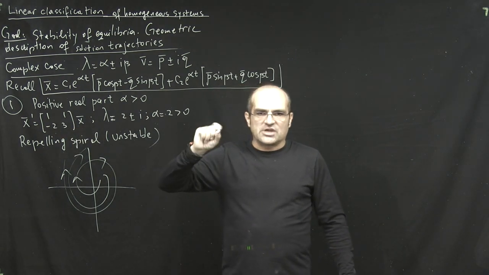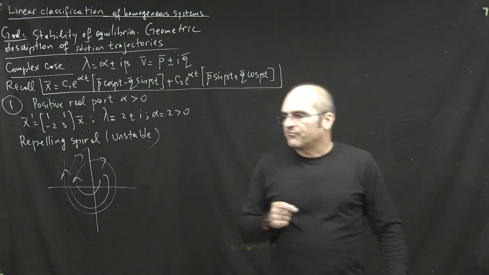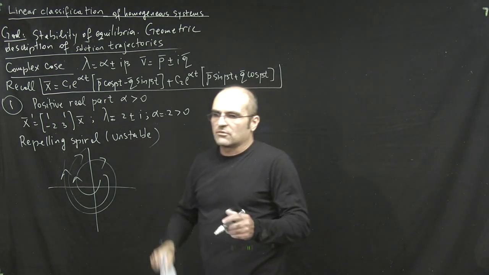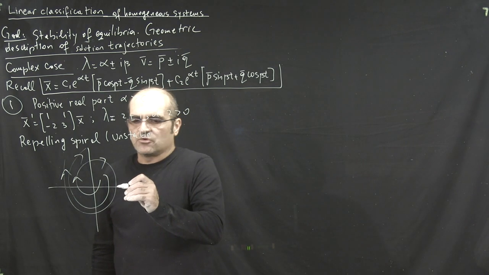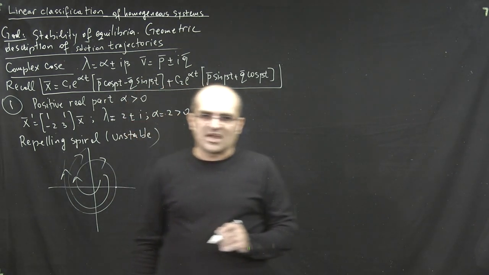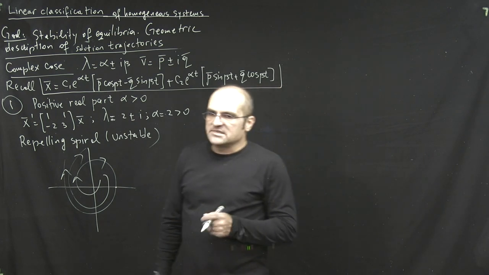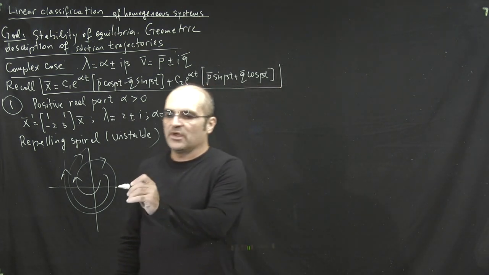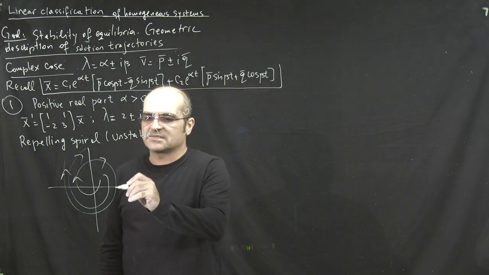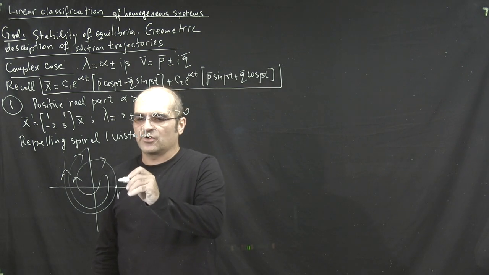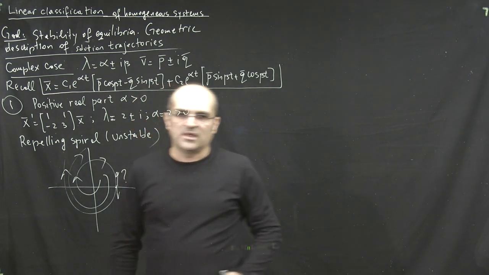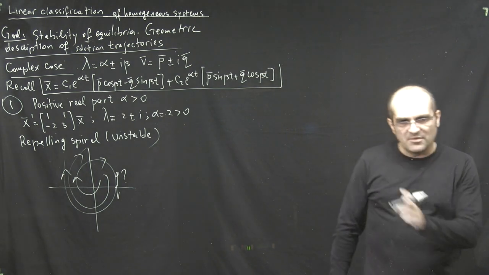You could actually check, especially if you took calculus 3, but even if you didn't, the easiest way to check whether the motion is clockwise or counterclockwise, if you don't have the plotter, is to just pick a point, for example on the horizontal axis, and then compute the tangent vector, and ask yourself whether it's pointing upward or downward.